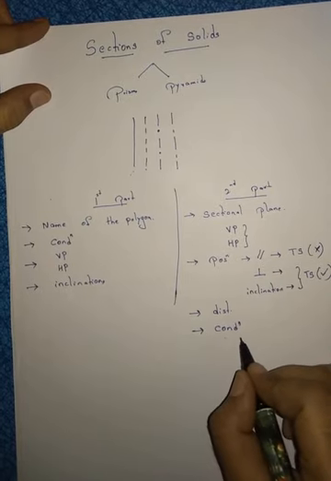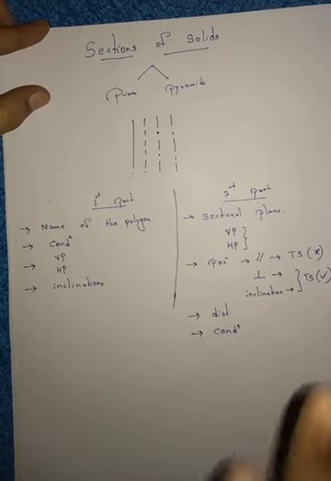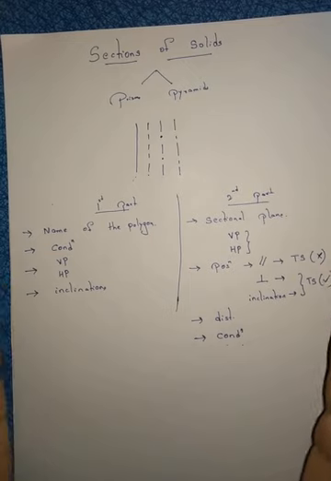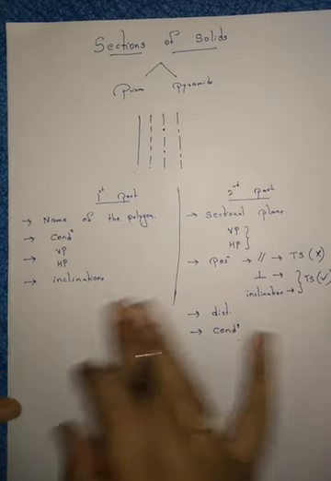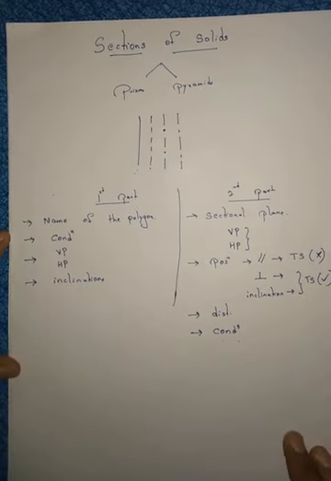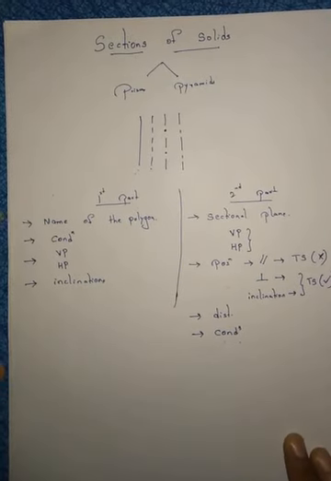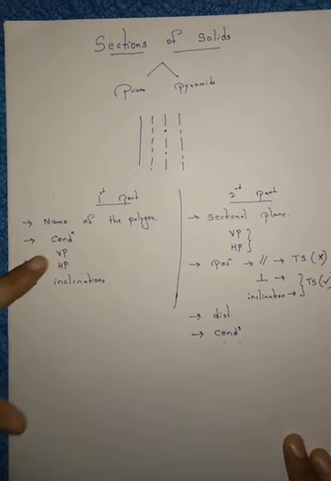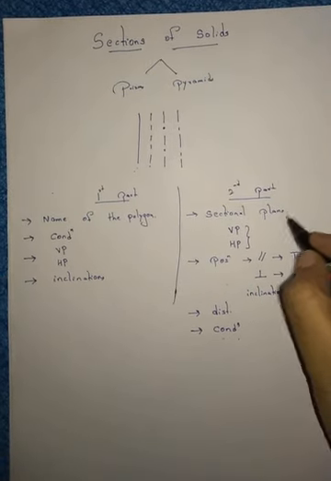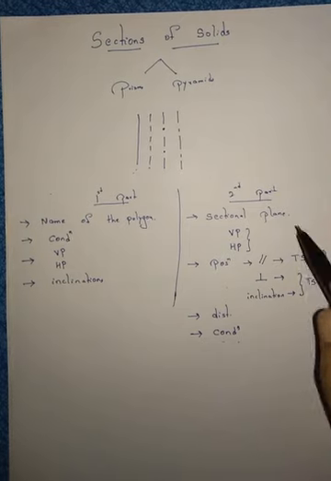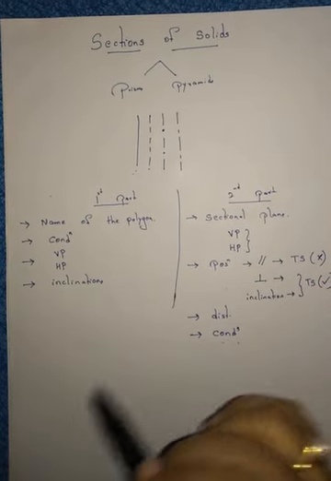So after reading the question, remember these two parts and divide the question in your mind into first part and second part. In the first part: what is the name of the polygon, what is the condition, VP, HP, inclinations. In the second part, they will definitely mention the sectional plane, whether we have to draw it in VP or HP.